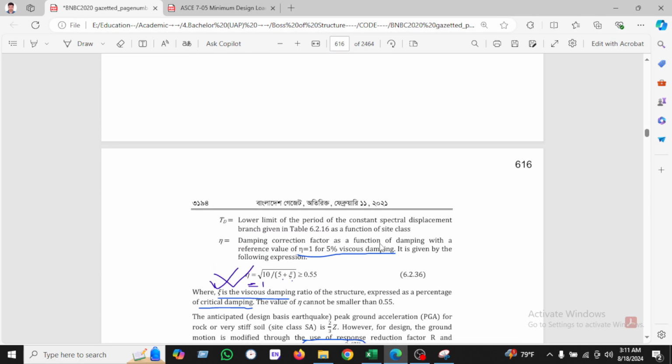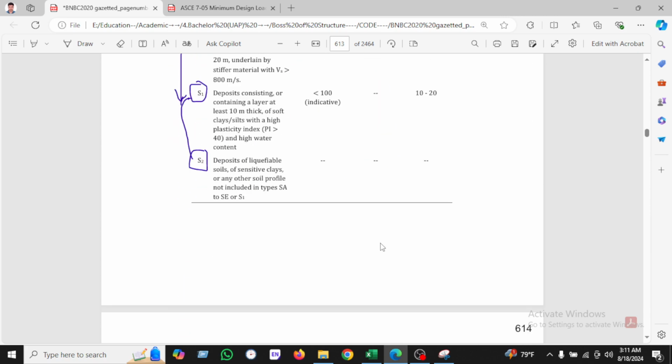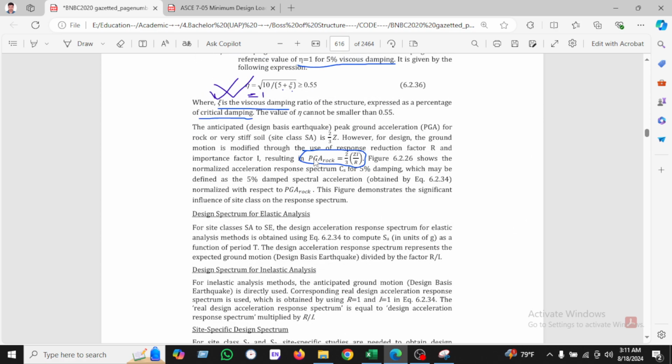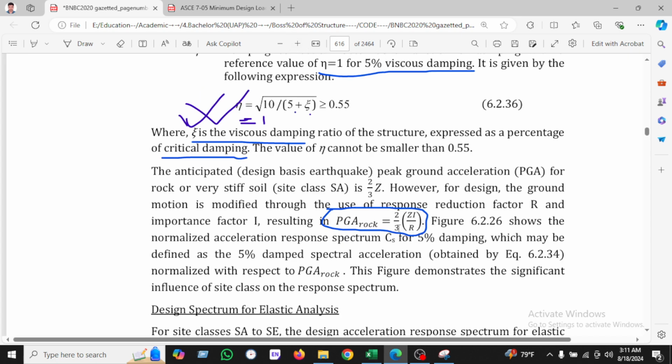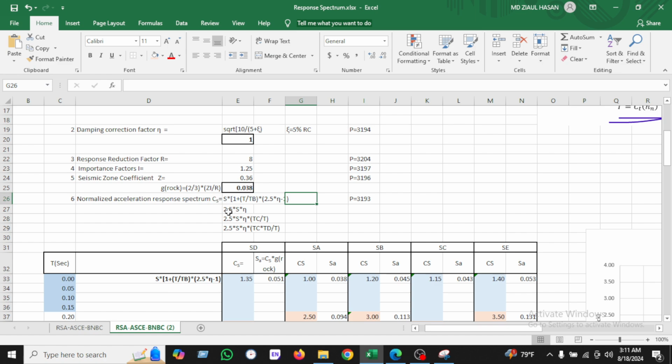Now we will go for Sa. Here it is shown that 2/3 into Z I by R, and we found 0.330. We have seen the other normalized acceleration response Cs.